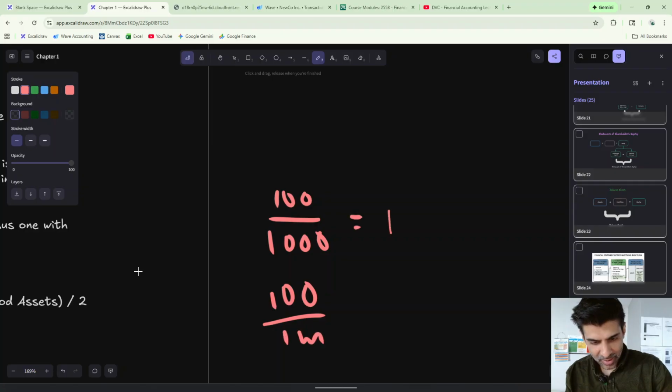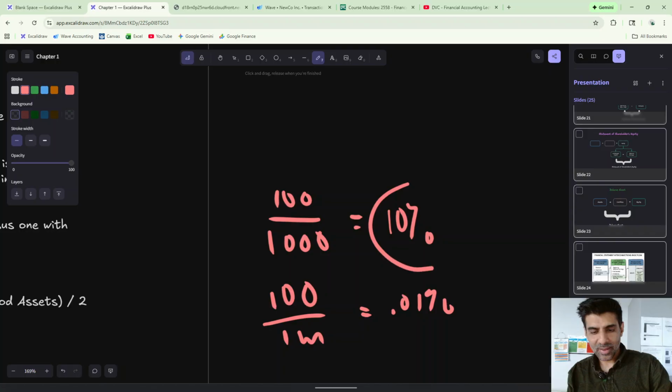So this is 10%, and this is 100,000, 1 in 10,000. So 0.01. Okay. So obviously this one is a much higher return on assets.